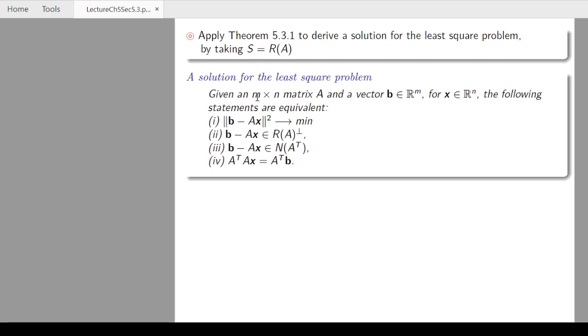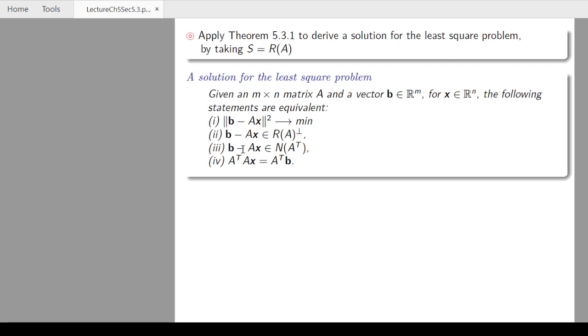So consider the matrix A and the vector B. We now have 4 statements. These 4 statements are equivalent. The first statement says the square of the distance between b and x is minimized. The second statement says b minus ax belongs to the orthogonal complement of Ra.